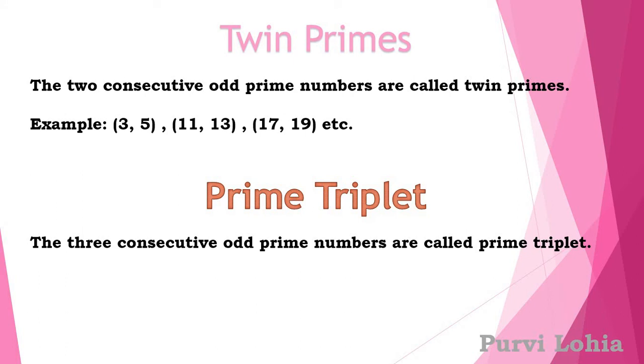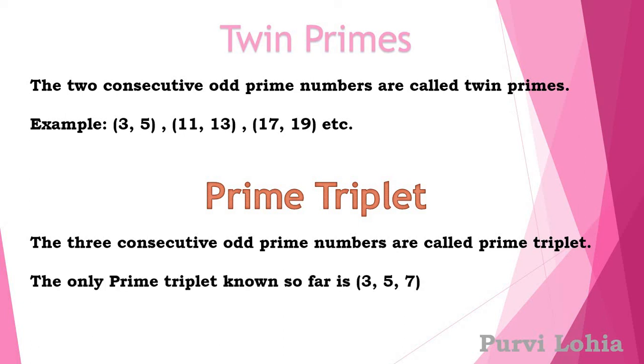Twin primes are 2 consecutive and prime triplet are 3 consecutive. And I hope you know the meaning of consecutive, coming one after another. And the only prime triplet known so far is 3, 5, 7. You cannot find any other prime triplet other than this.